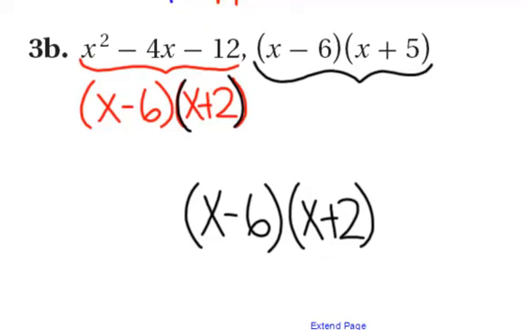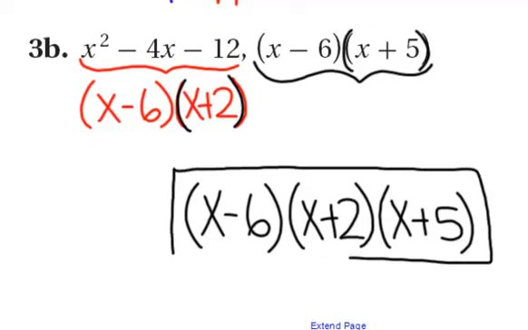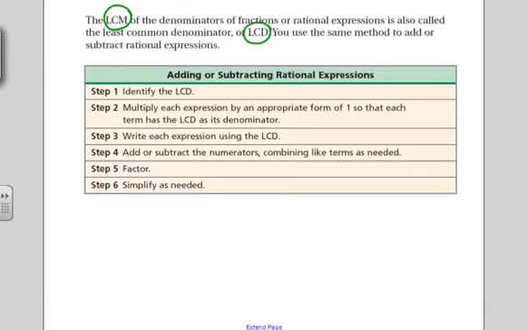And then finally the last one, this x plus 5, we have to include him also, because I could easily make the red expression have one by, again, just multiplying it times x plus 5. So this is the lowest common multiple for those two expressions. Kind of messy.